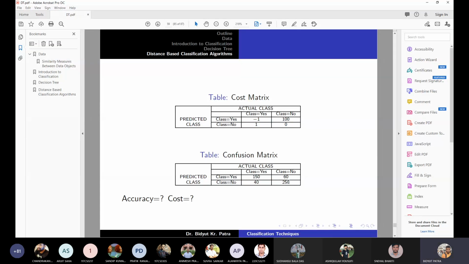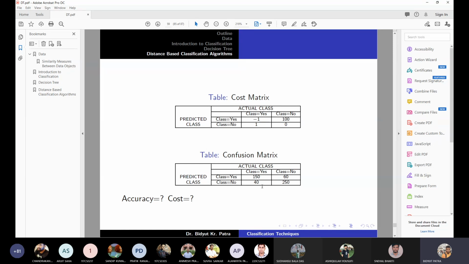Similarly, out of 310 negative class, 250 are rightly identified as negative class. Now, if you go for the traditional accuracy measure, it should be 150 plus 250 divided by the whole 400, right? That will be the total number of patterns in the test data set.